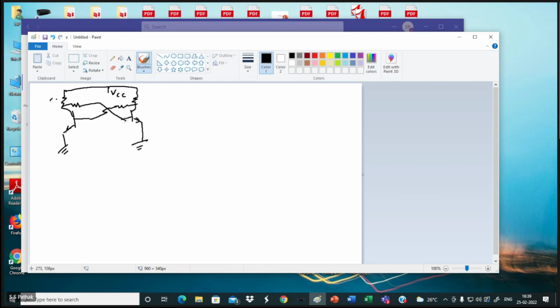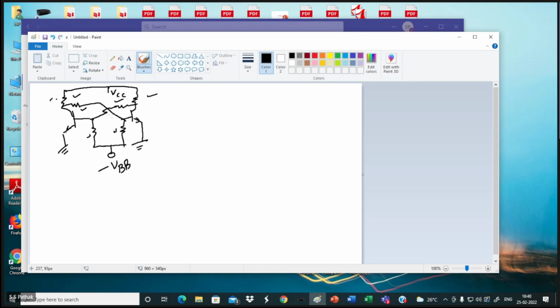So what do I do? I connect a resistance here, I connect a resistance here, and here I give a negative supply, VBB. The names I gave are RC, both of them I put as RC. This was my R1, this was also my R1, this was my R2, this was also my R2. So I made a symmetric circuit, and I'm going by that. Here is the minus VBB.